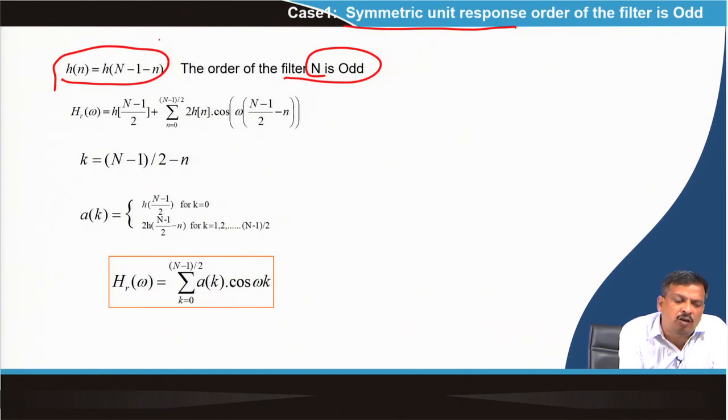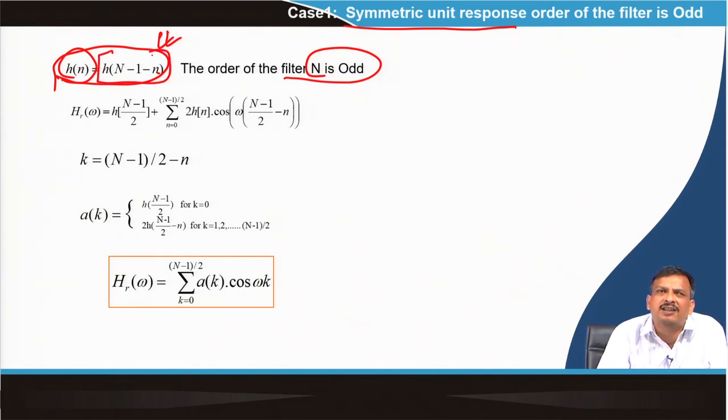That is the requirement for the linear phase. So if it is symmetric, then I know h of n is equal to h of capital N minus 1 minus small n. That is my symmetric requirement. And now capital N is odd, that means the order of the filter is odd.